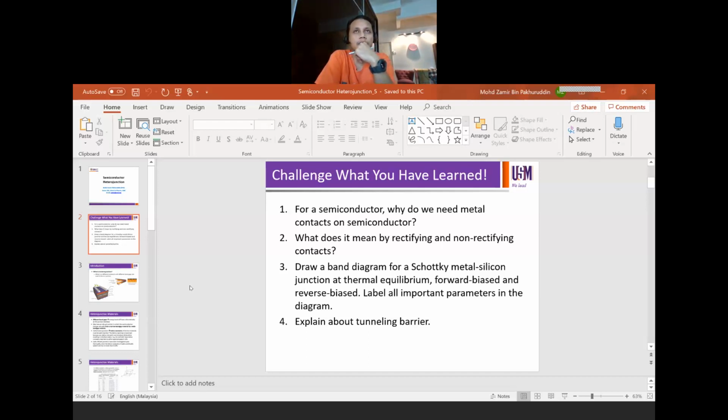So we need to extract the carriers by having contacts. So last time we have discussed that the contacts generally are metals like silver, aluminium, copper, nickel, palladium, platinum, and many more, depending on what you need to have.